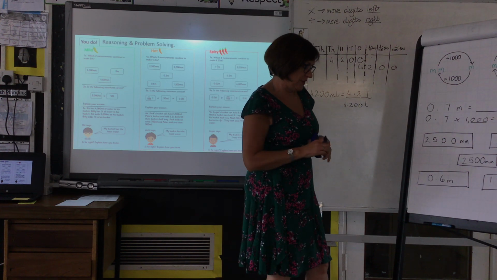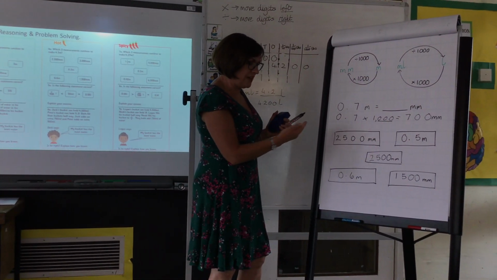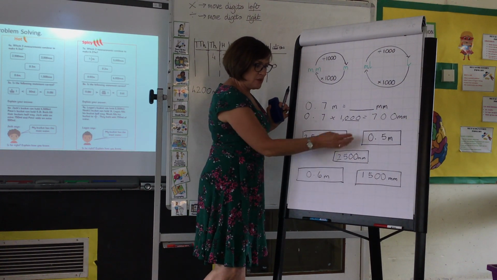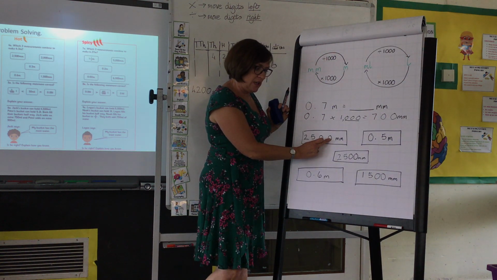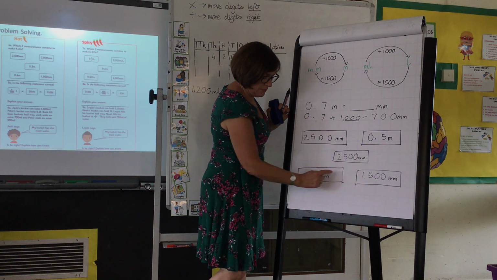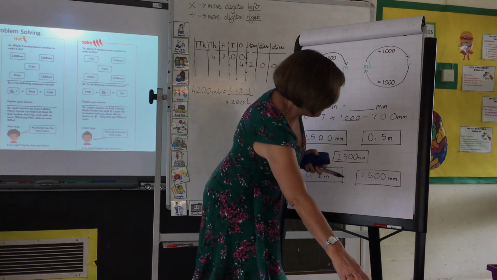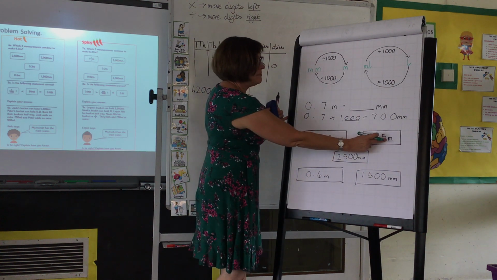Which two add up to 5 metres? So the thing to do is to always convert each one into the same unit of measure. So if the question is about metres, it would make sense to convert everything into metres. So these ones are millimetres, this one's metres, and this one's metres.